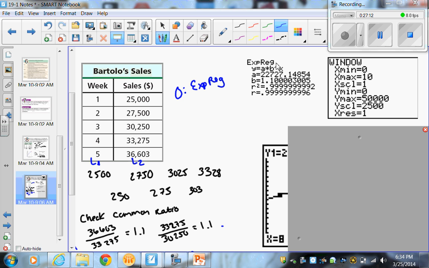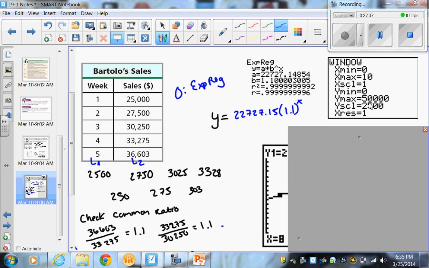So when I do that, this is the equation that I get, which tells me in y equals, I can type in y equals 22,727.15 times 1.1, which happens to be the same ratio we just found, raised to the x.